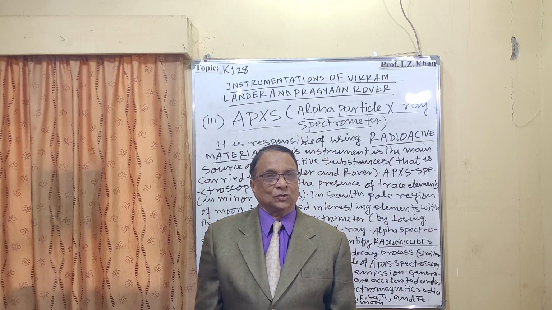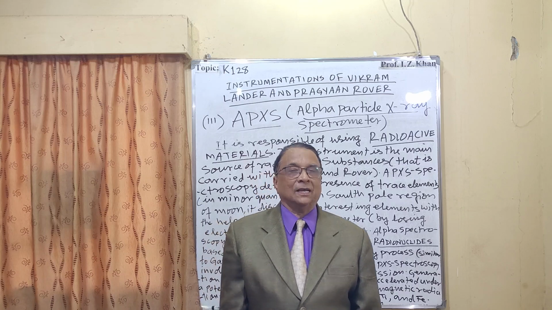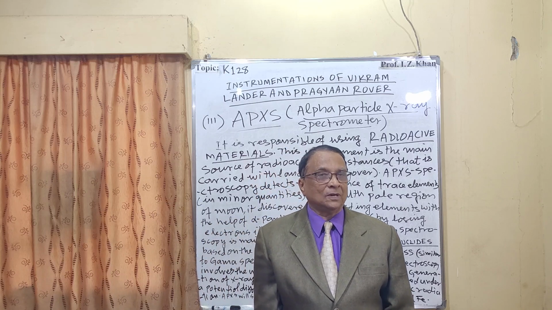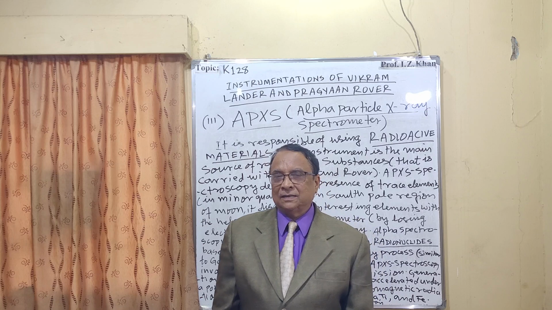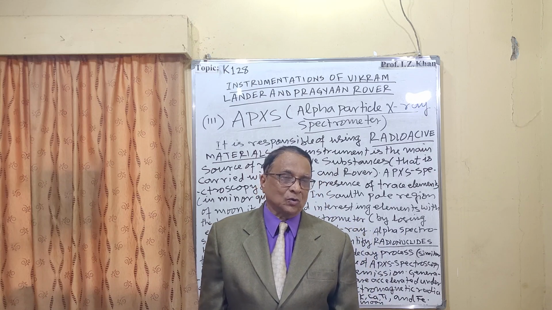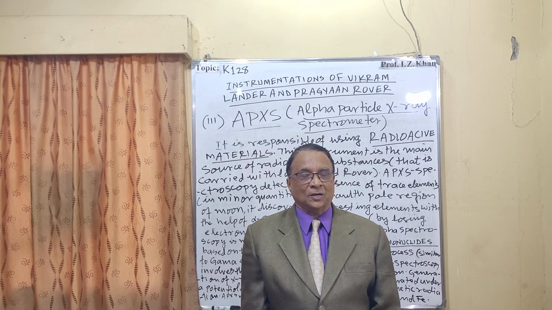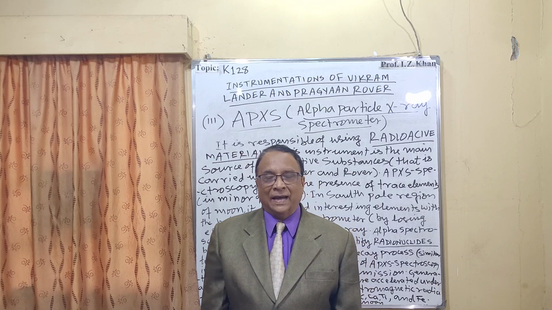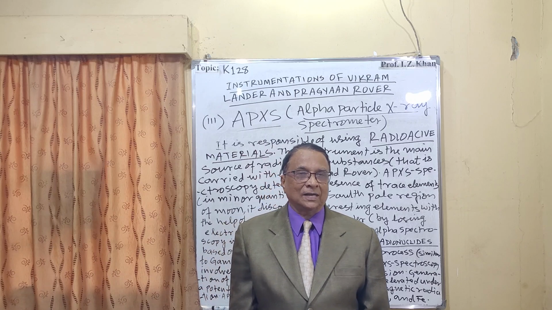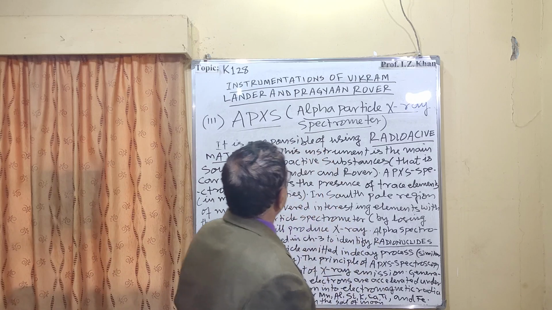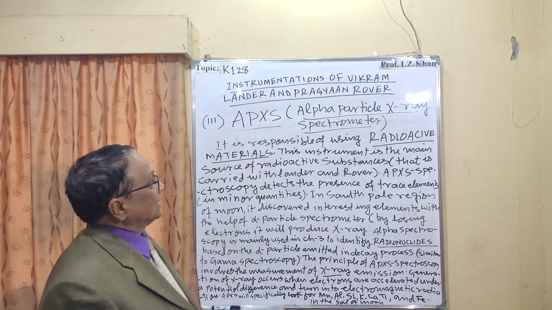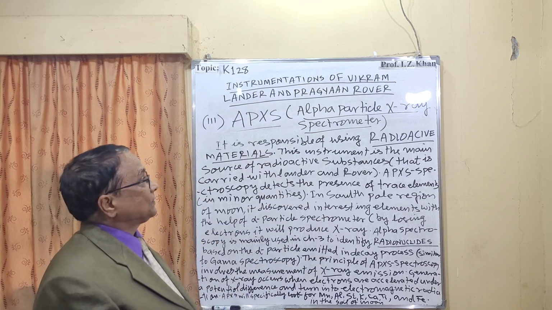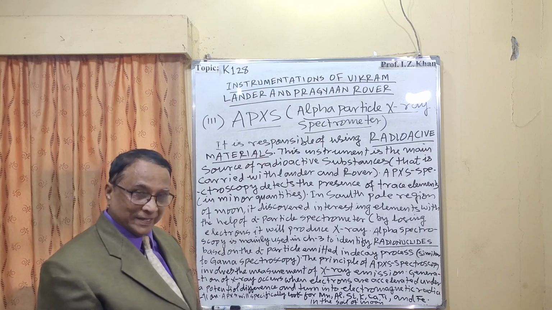And this spectroscopic study is mainly responsible for detecting, in traces or in very, very minute quantity, the presence of aluminum and iron, titanium, silicon, like that. So this one is APXS, that is called alpha particle X-ray spectrometer.